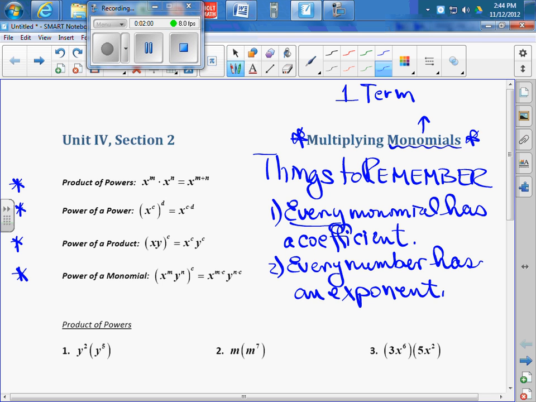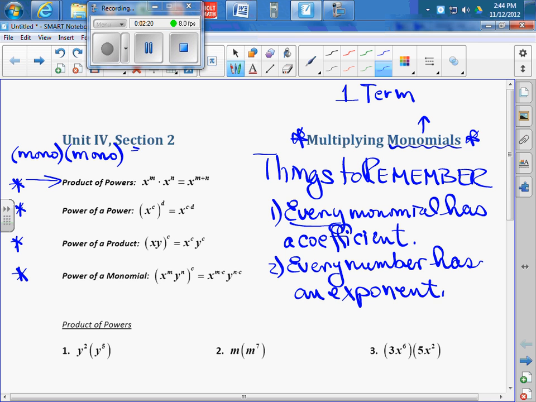Number one, we are going to pay attention to the product of powers. What that means is that I have a monomial times a monomial. There are two things you need to remember about multiplying a monomial times a monomial.